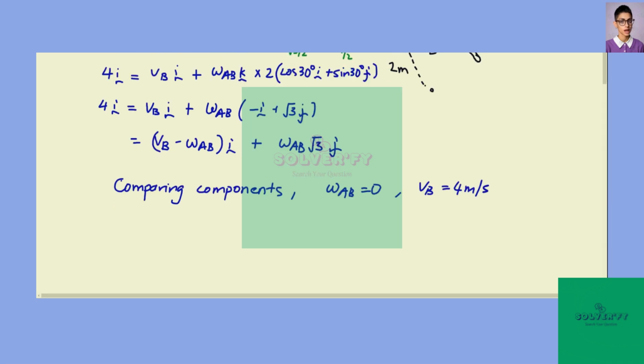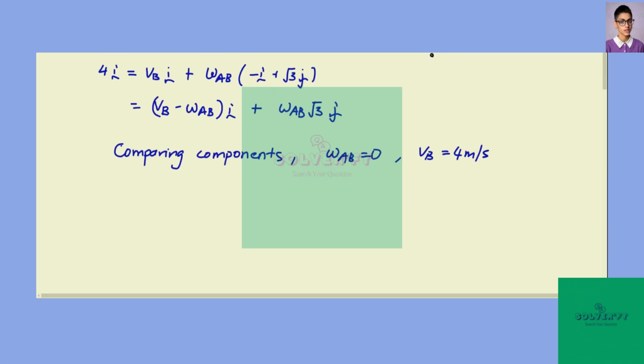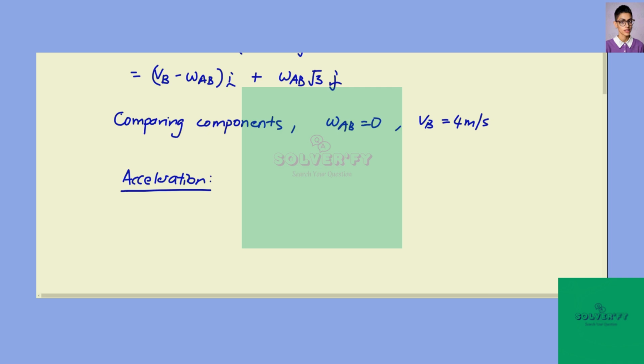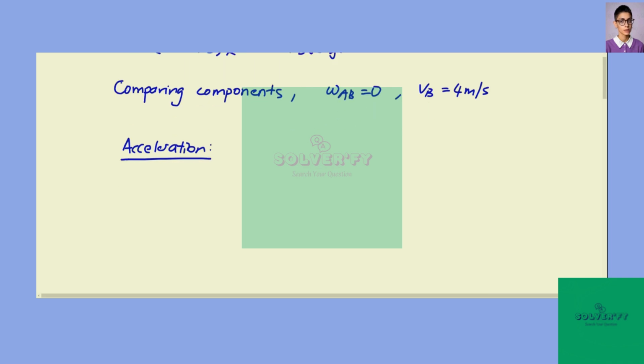Okay, so for the acceleration, just to repeat what we had just now, aA, the acceleration of point A, is 6i, and aB is 2 alpha i minus 2 omega squared j.